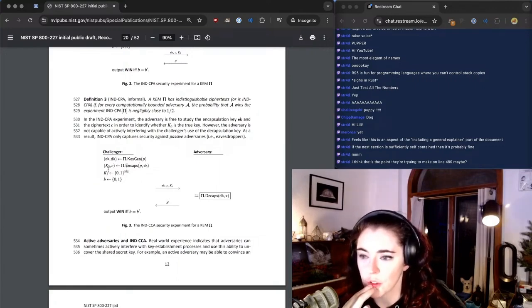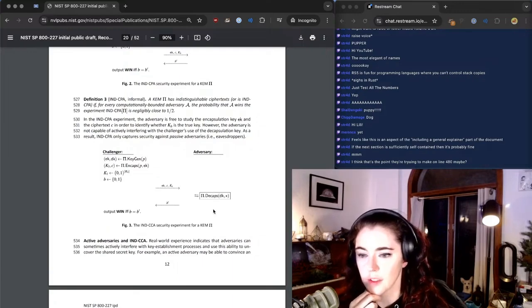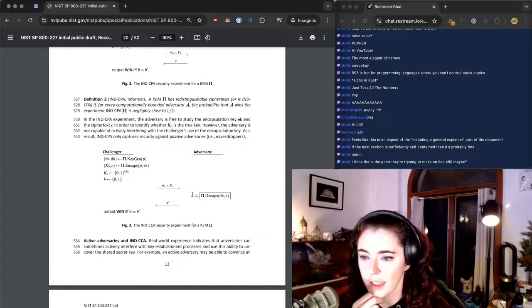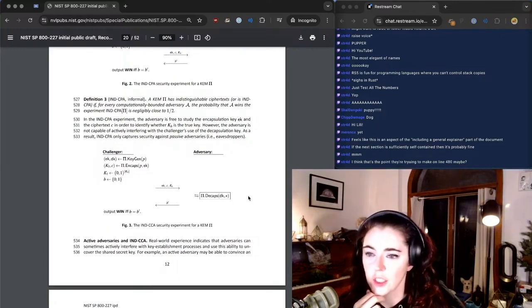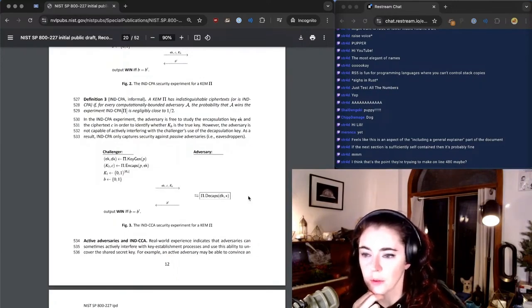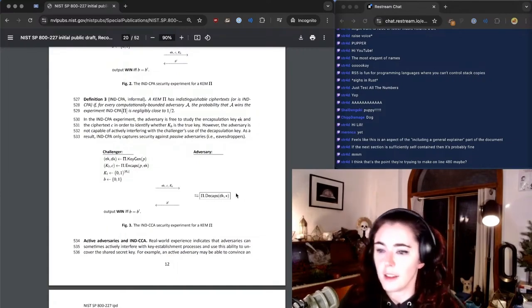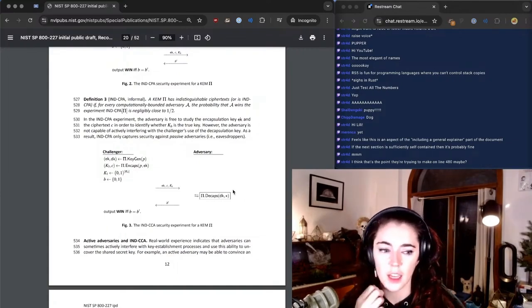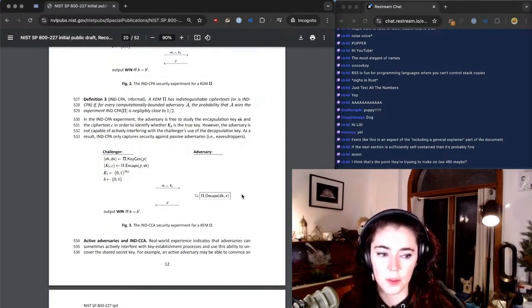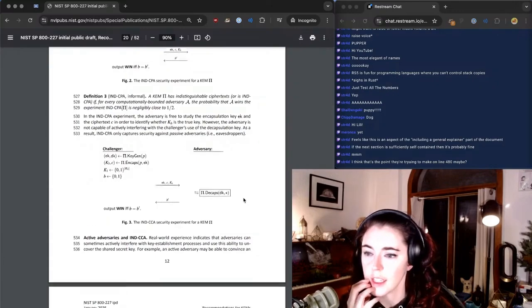Choose either the real one or a randomly sampled one, and hand it to the adversary. The adversary has access to a decryption oracle via the decapsulation key, and they have to guess which one it is. Is it the real one or the random one? The challenger hands you a random ciphertext, and can you deduce anything from it? If you can't, cool, then it's indistinguishable under chosen ciphertext attack.